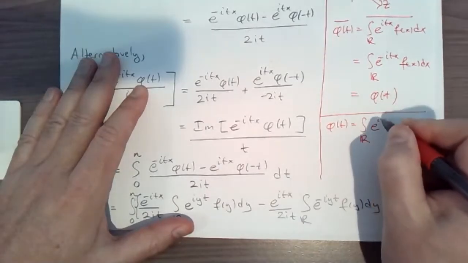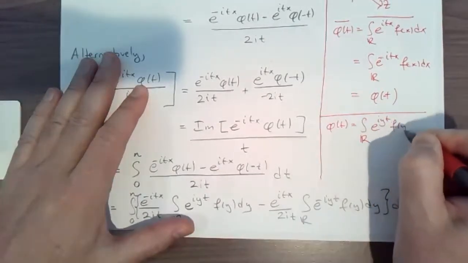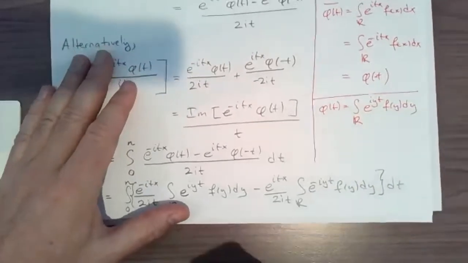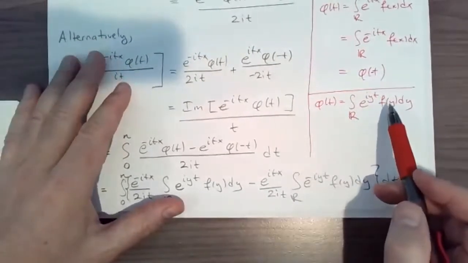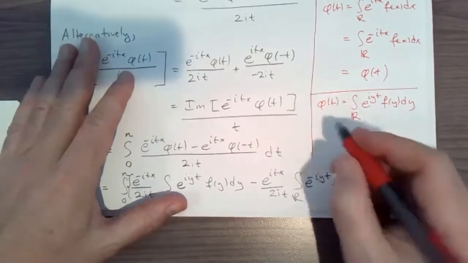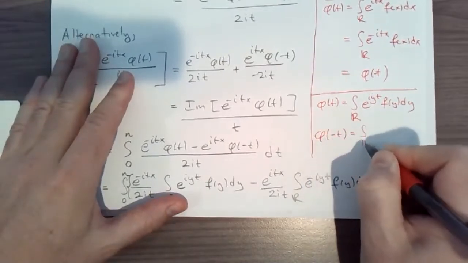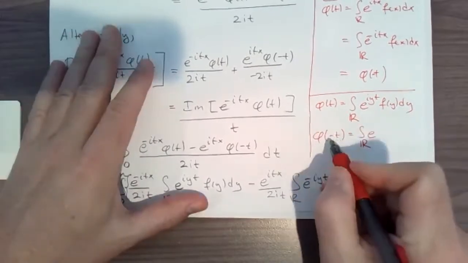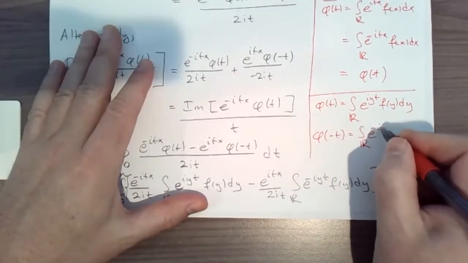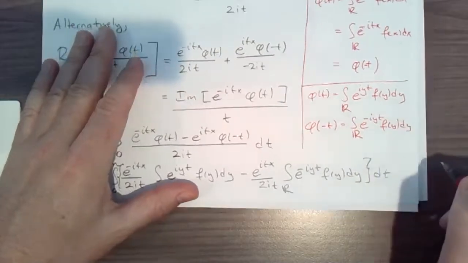So I write phi of t as the integral of e to the iyt f of y dy. Right, that's how we go from the density to the characteristic function. And I'll use that phi of minus t is equal to the integral over R, and then instead of t, I'll have minus iyt, f of y dy.